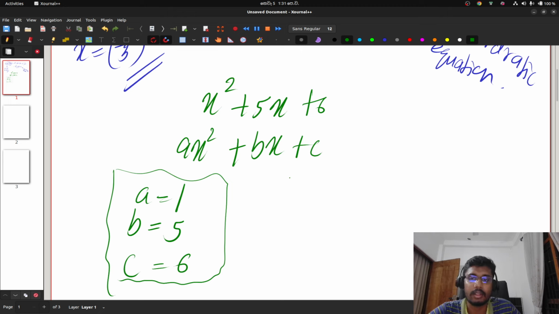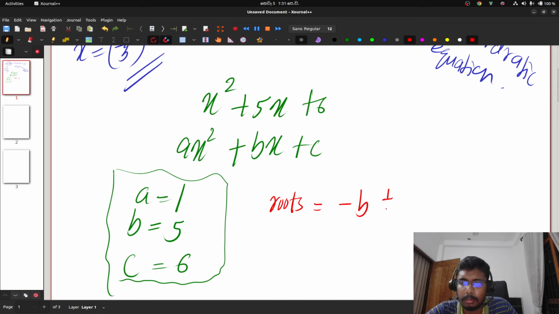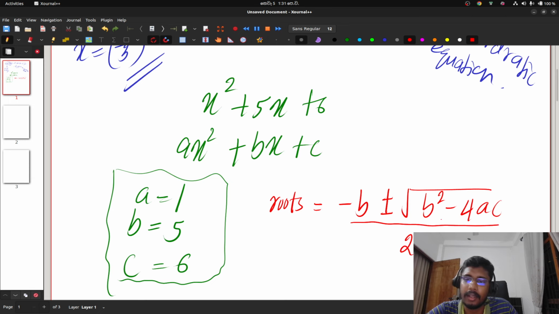Now the equation goes like this. Roots equals minus b plus or minus square root of b squared minus 4ac, divided by 2a.